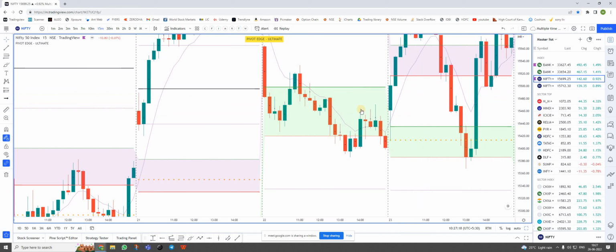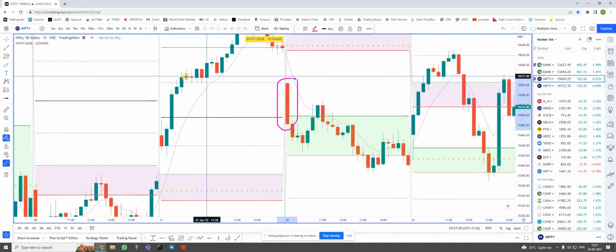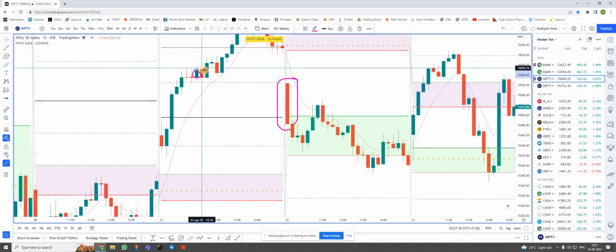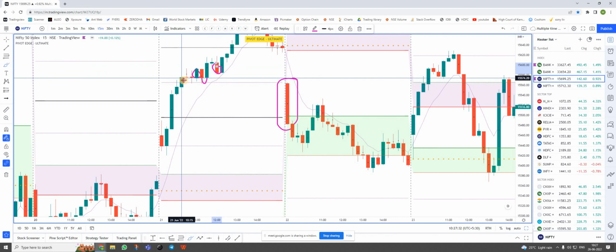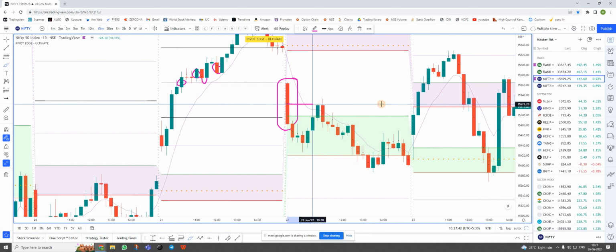Explosive candles are candles which have more than 3 to 5 times the body size of your normal candle body. So this candle, if you observe, these are our average candle body sizes. Whenever you get a big explosive candle which has at least 3 times or 5 times the body size, then the middle of that you can take as a strong support or resistance.